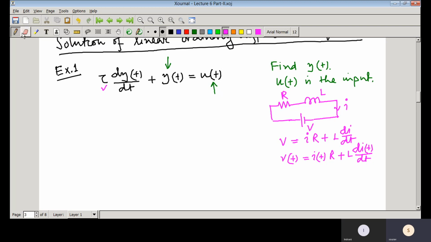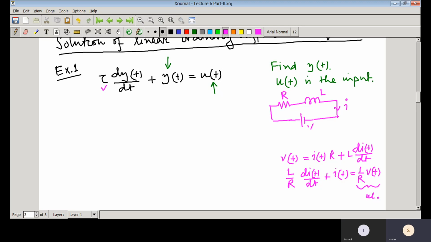So this is the KVL, and now if you divide by R, you will get (L/R) di/dt plus i(t) equals (1/R) V(t).